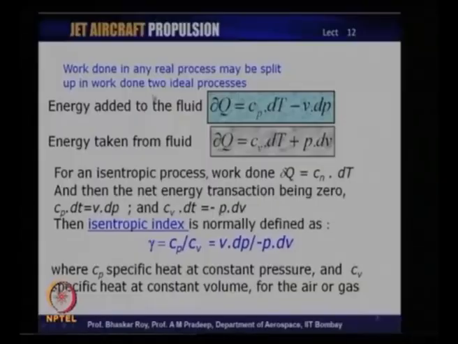If we do that and then use the concept of isentropic index, which you have used in your cycle analysis, this is normally defined as gamma equals C p by C v, and now we can see that it can be written in terms of V dp divided by minus P dV, where C p is the specific heat at constant pressure and C v is the specific heat at constant volume for the air or gas.